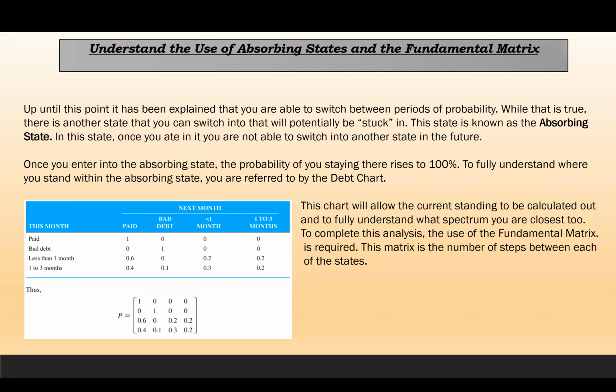This is known as the absorbing state. At the bottom, you can see that there is a chart: paid, bad debt, less than 1 month, and 1 to 3 months. This is basically showing where you stand in a debt. This is typically used in accounting with accounts receivable, and that will be shown next.